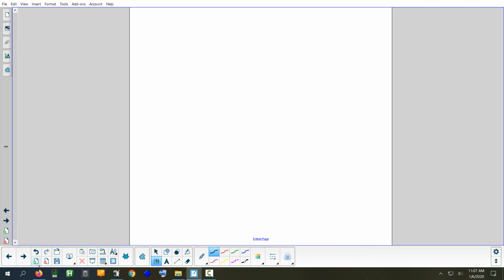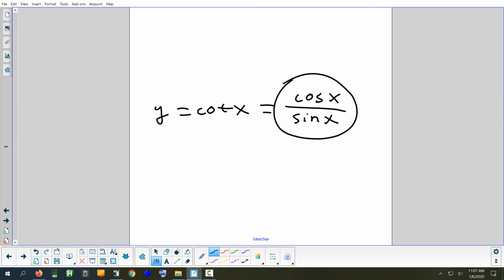Now, think about cotangent for a second. What's the connection between tangent and cotangent? They're flipped, right? That's the only difference. Cotangent is cosine over sine.